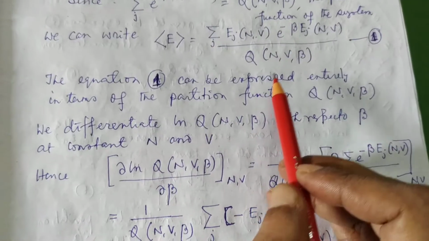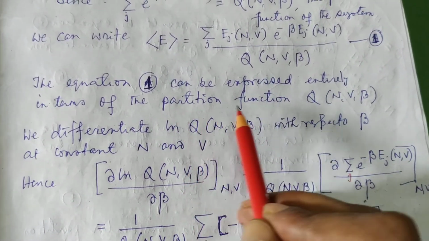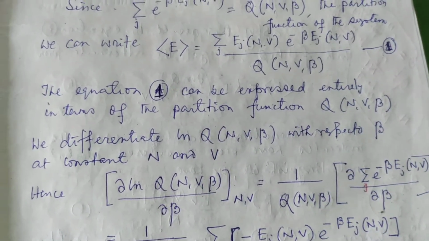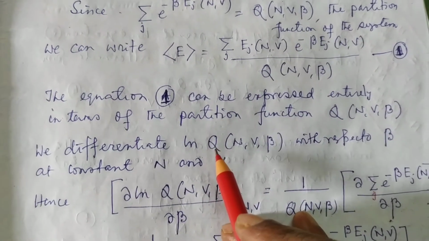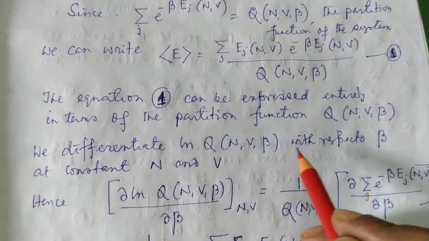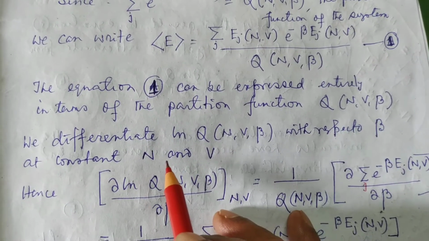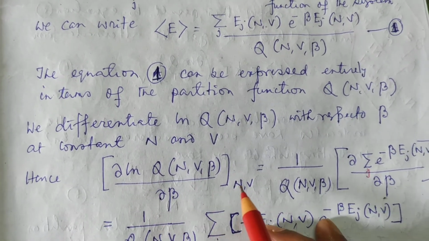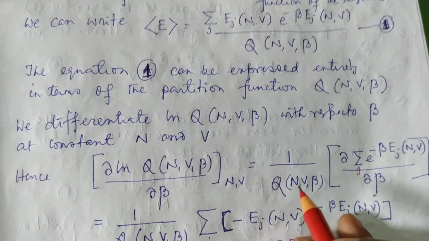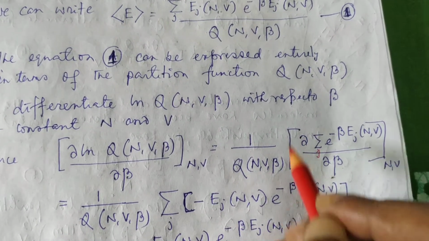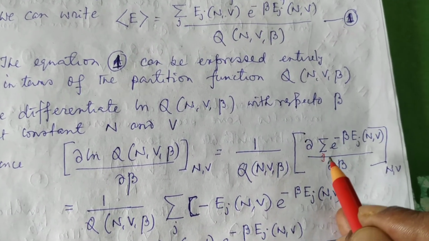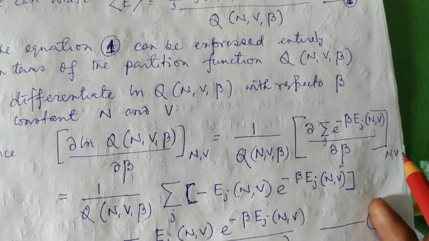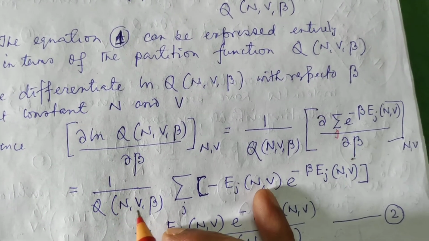Now this equation 1 can be expressed entirely in terms of the partition function Q(N,V,beta). If we differentiate ln Q(N,V,beta) with respect to beta at constant N and V, we get del ln Q by del beta at constant N,V equals 1 upon Q times del by del beta of the sum over j of e to the power minus beta Ej(N,V).